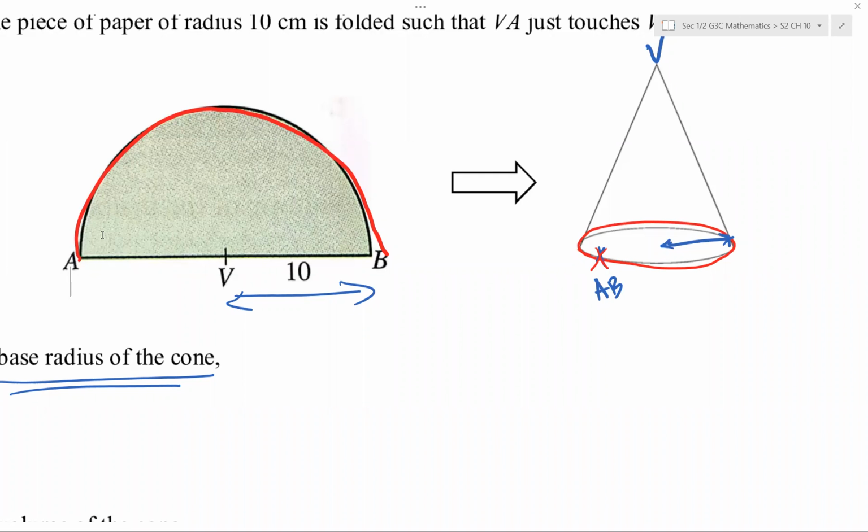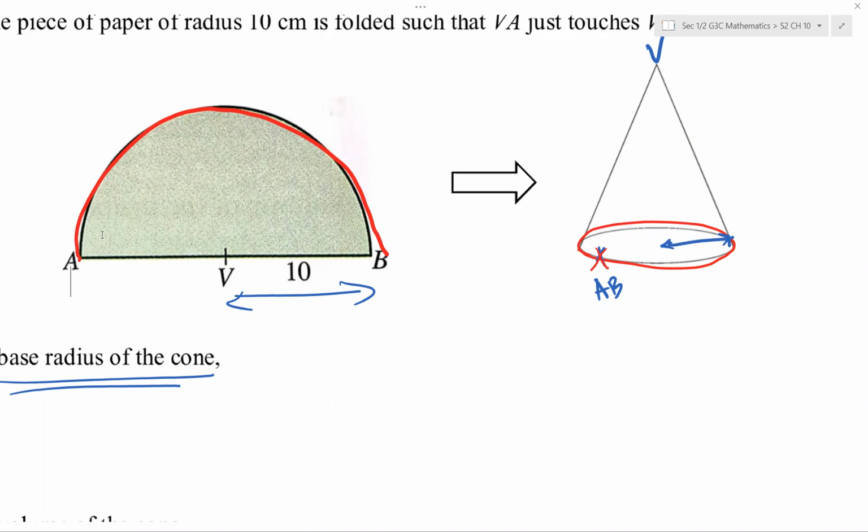And the highlighted part is half of the circumference of the original circle. It went on to become the base circle circumference. Okay, anybody want to see? I'll just pass it down.